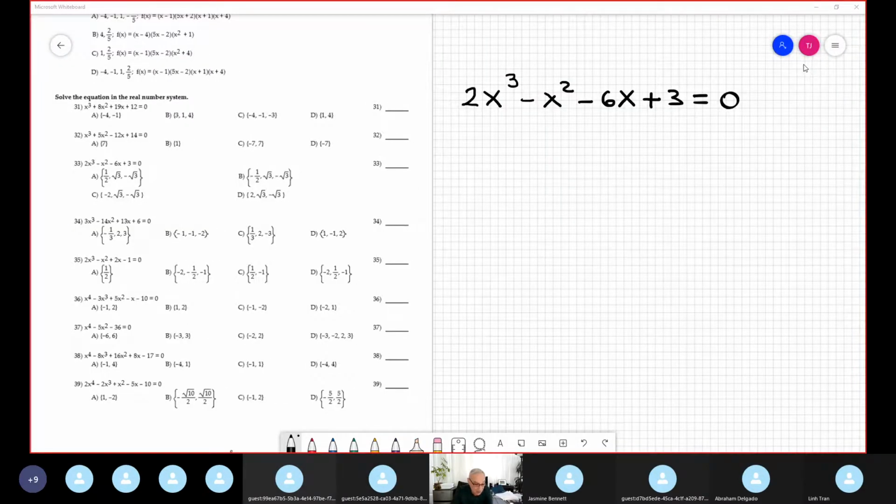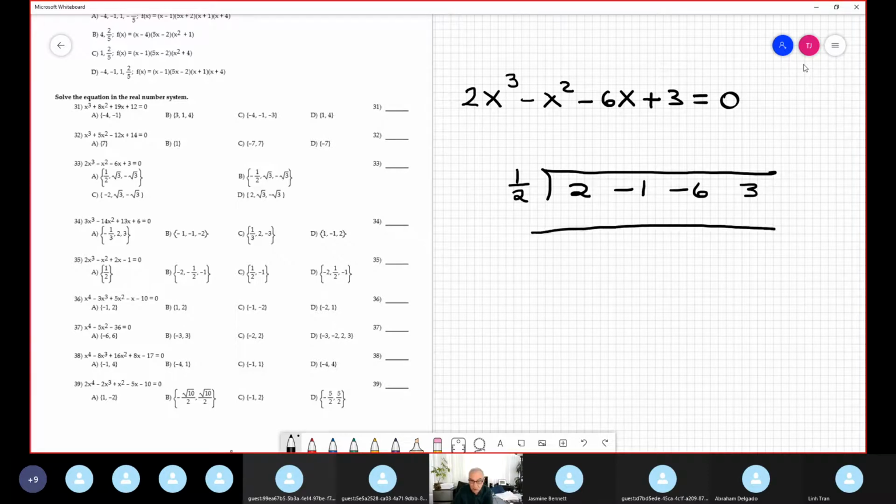Let's see what happened in the second part. The format for the synthetic division is 2, -1, -6, and +3. So 1/2. But 1/2 positive or 1/2 negative? Yeah, 1/2 positive, yes.